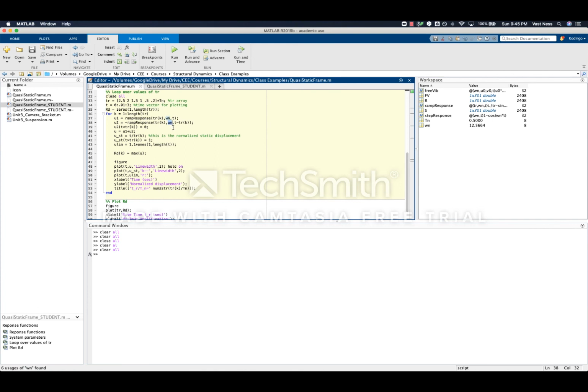This is a property of the system. And then I shift my time vector by TR. By minusing TR, that gives me a positive shift. Because the ramp is defined for all time, I need to force it to be 0 before time TR, and that's what I'm doing here. I'm setting any value of u2 for time less than TR to be equal to 0.